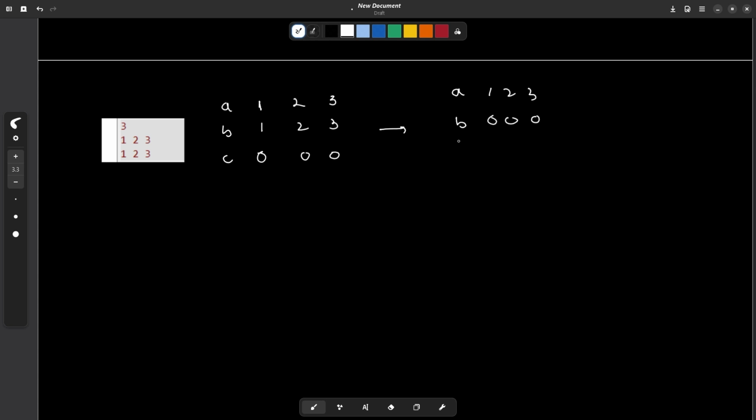Now we have to form a new C. So C will be 1 minus 0, 2 minus 0, 3 minus 0, so 1, 2 and 3 respectively. After the completion of the second operation, A will become 0, 0, 0 and B will become 1, 2, 3. So we have reached a state where all the values in array A are 0. That is why the answer is going to be yes. If we cannot reach a state like this, the answer is going to be no.